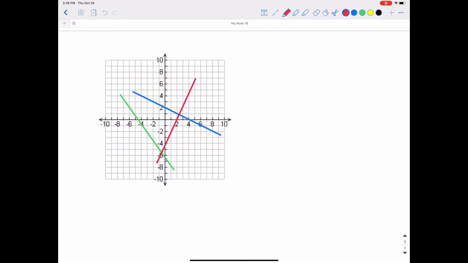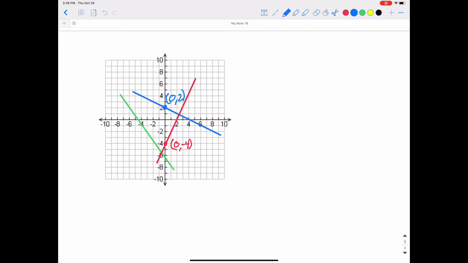So let's go back to our graph and our random lines and talk about the y-intercepts. Going with the red line, the y-intercept is located right there. That looks like it is located at (0, -4). If I go to the blue line, the y-intercept looks to be right here, and that looks to be (0, 2).